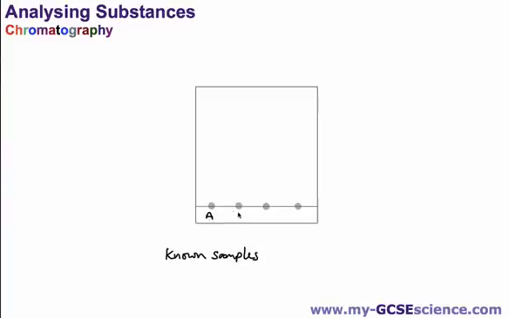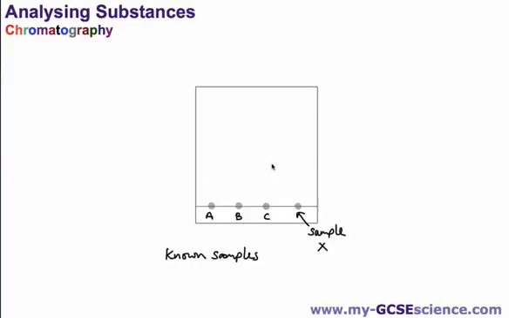We'll call them A, B, and C. These could be additives in food, colors or another type of additive, but these are ones that we actually know what they are. They come from a container that you've labeled, and we know what they are. This one over here is our sample that we're not sure about. Let's call it sample X, and we want to see what substances are in sample X. So we're trying to see if any of A, B, and C is actually in sample X.